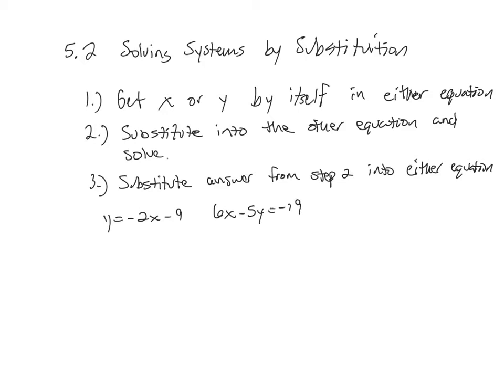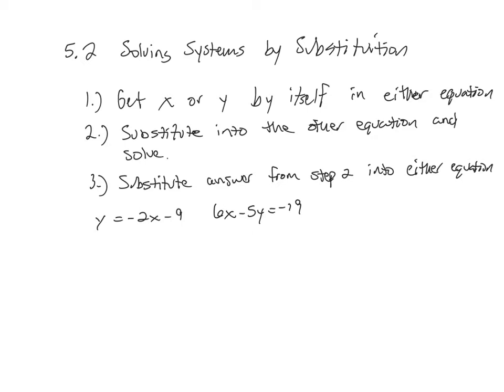So here's our 2 equations. So step 1, get x or y by itself in either equation. Well, some of them will be like this, where the y is already by itself, so I don't need to actually do that one. Some you will, and we'll do one like that in a second.